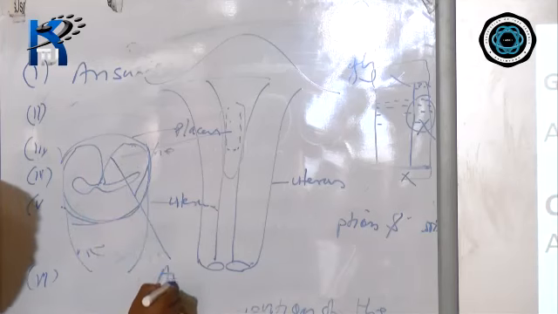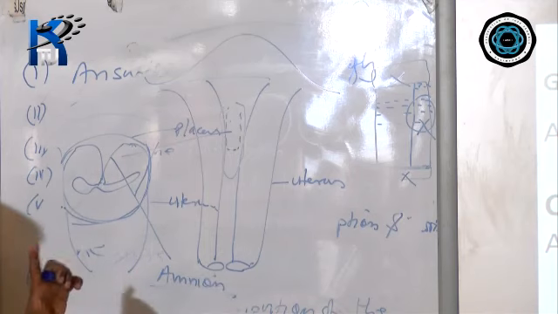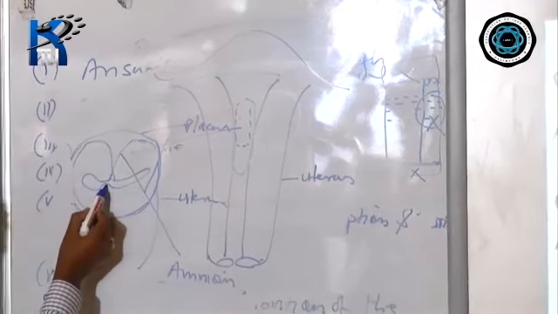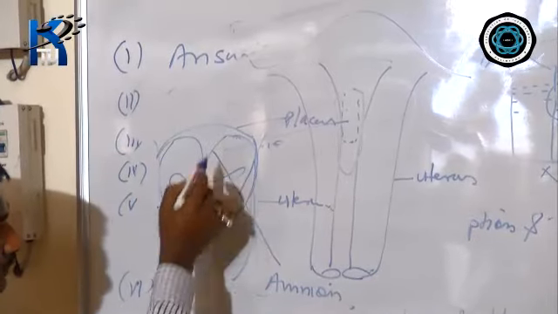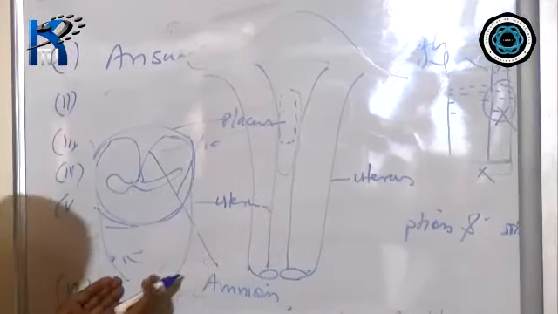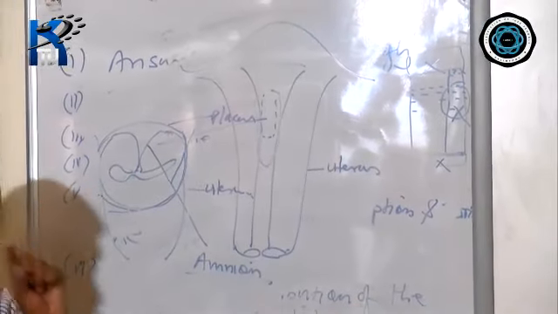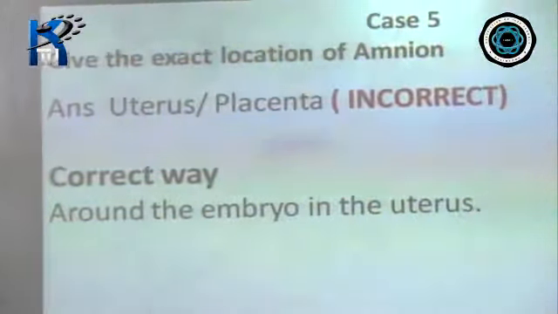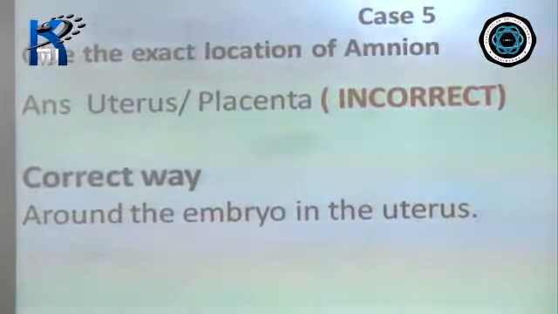This one is the amnion. So when you are giving the exact location, it is around the embryo, this is the embryo, around the embryo in the uterus, inside the uterus. That will give the correct answer for this type of question. So whenever location comes, always try to see in between where it is present, and that will give the exact location.